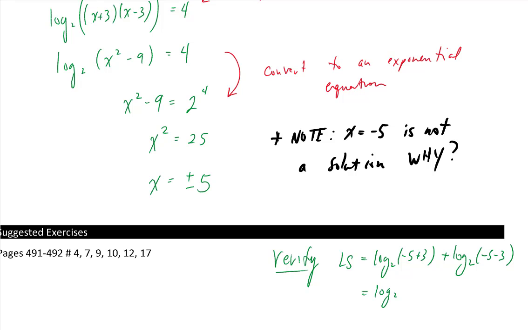So we have to evaluate log base 2 of negative 2 plus log base 2 of negative 8. And recall that the domain of a logarithmic function is that we can only have inputs that are positive. And notice for both, we have negative inputs. So therefore, x equals negative 5 is not a solution to this equation. And therefore, x equals 5 is a solution to this equation.